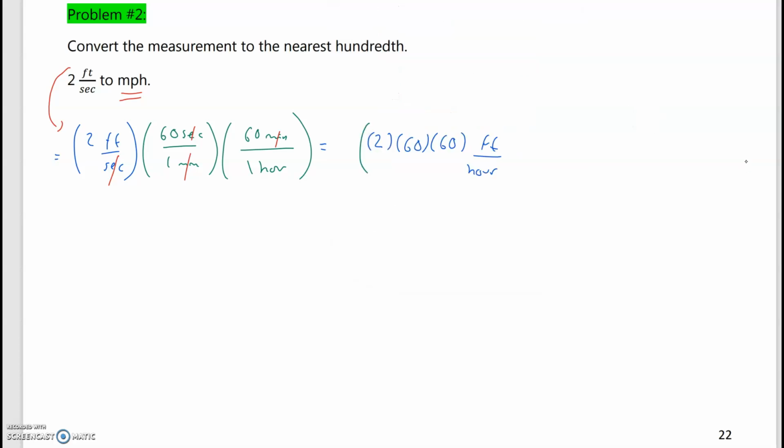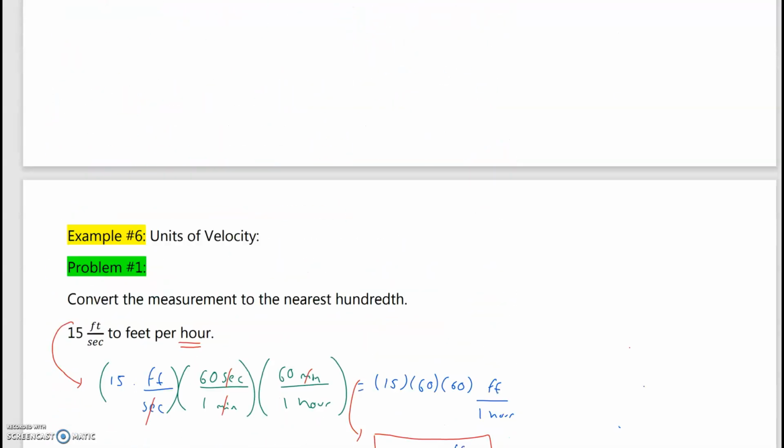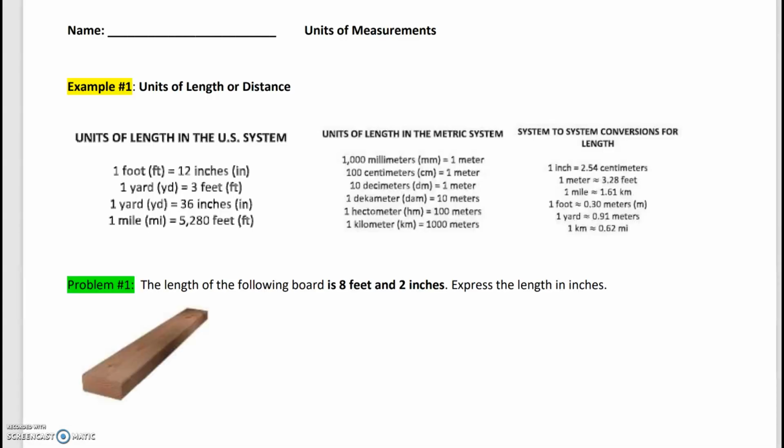I'll multiply it once we change all the quantities. And then the next multiplication is to change feet to miles. Let me go up to the conversion. We're looking at 5280, but let me double check. So we're looking at the conversion of feet to miles, and it's here. 1 mile is equivalent to 5280 feet.